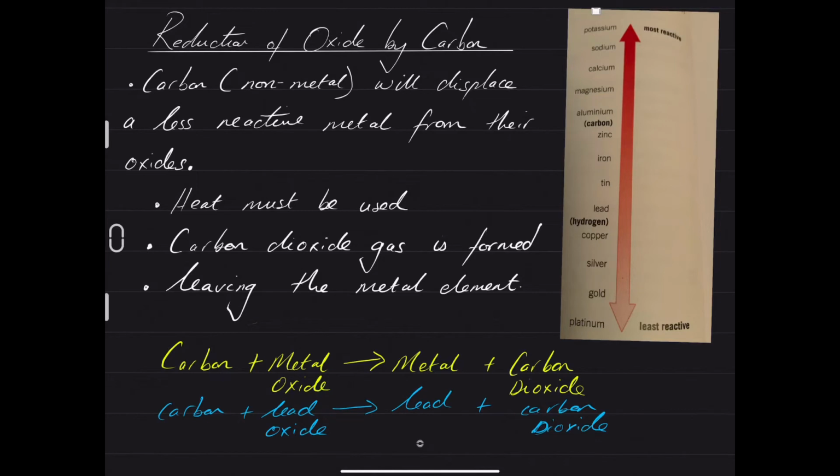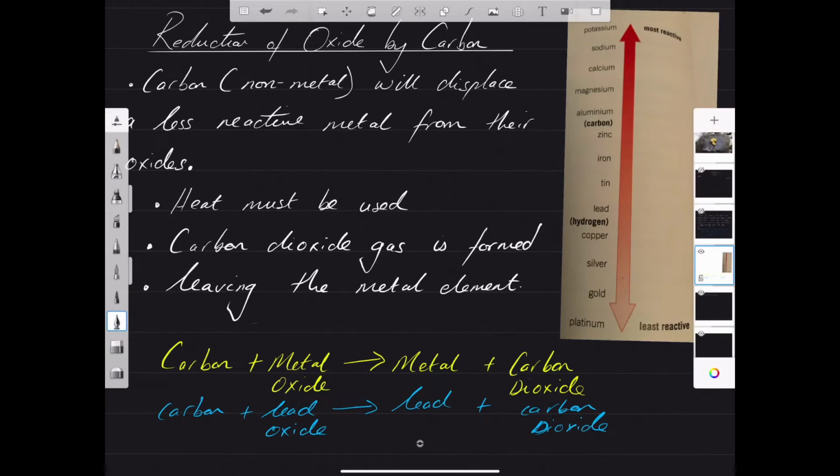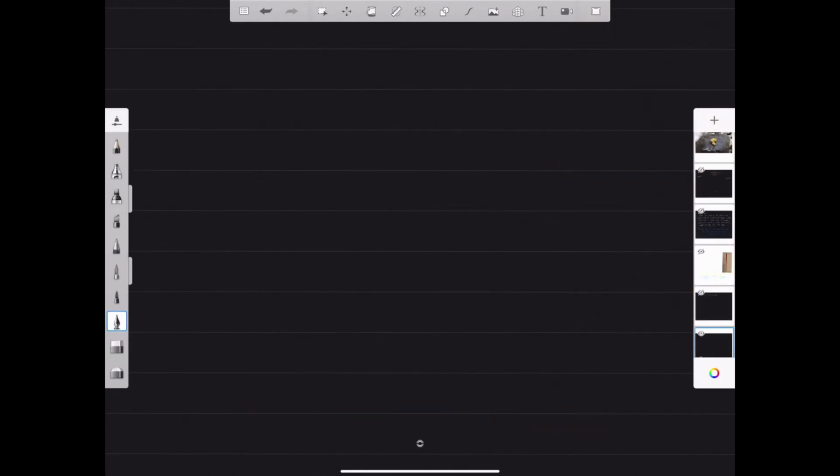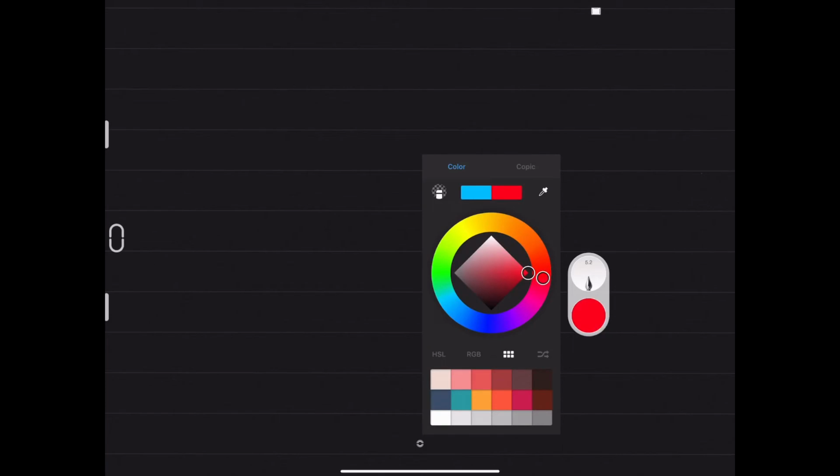I've given you an example of a word equation. Carbon plus lead oxide gives lead and carbon dioxide. Now, for this equation, I'm going to start you off, and I want you to give the balanced symbol equation.